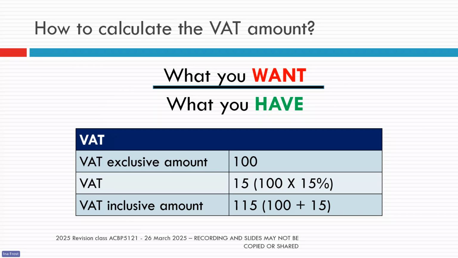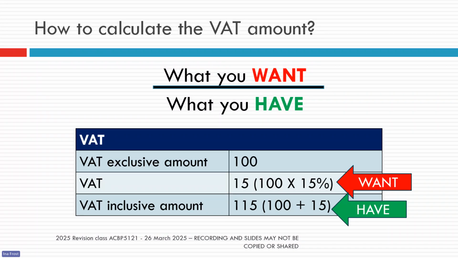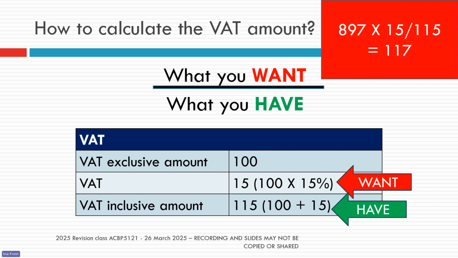Again, we can use our formulas, going back to what do I want over what do I have. What do I want in this instance? I want to know what the VAT is. What do I have? I have the amount including the VAT. So if you look at the top right of your screen, the formula I can use is my 897, multiplied by 15, divided by 115.